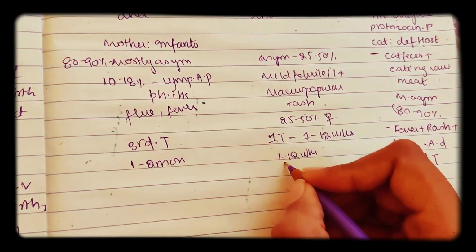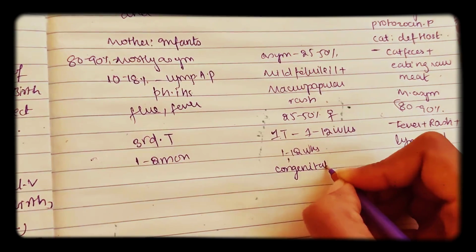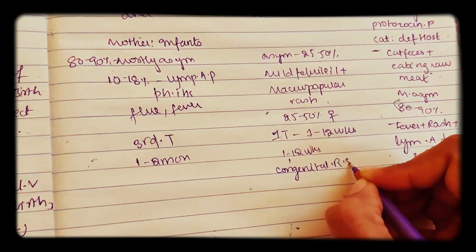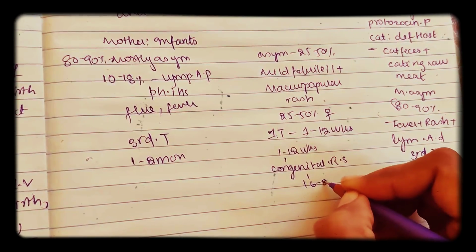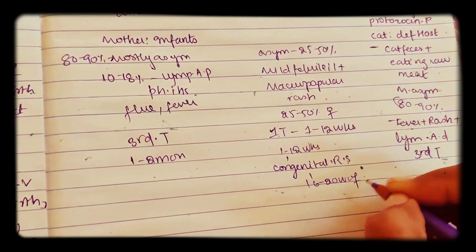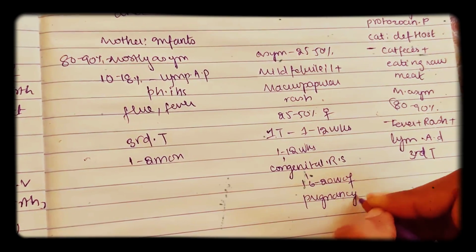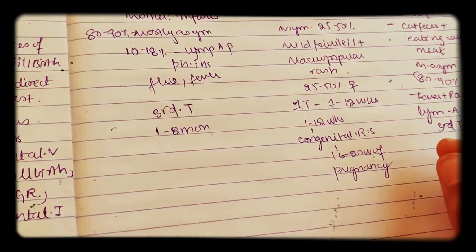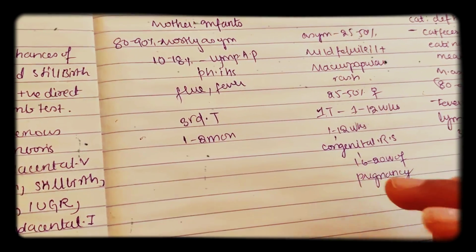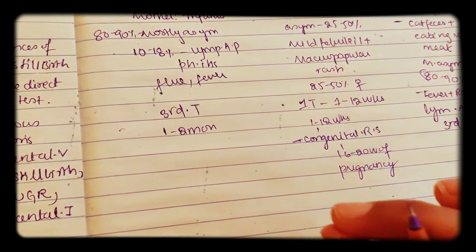That most severe infection is called congenital rubella syndrome. Congenital rubella syndrome occurs in 16 to 20 weeks of pregnancy. So it starts from the first 12 weeks, and congenital rubella syndrome specifically is from 16 to 20 weeks of pregnancy.